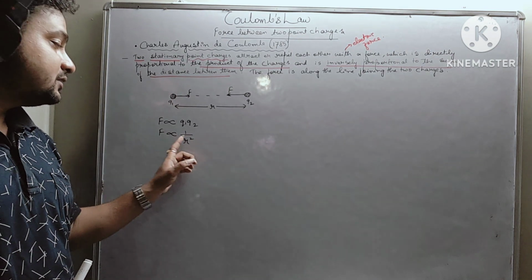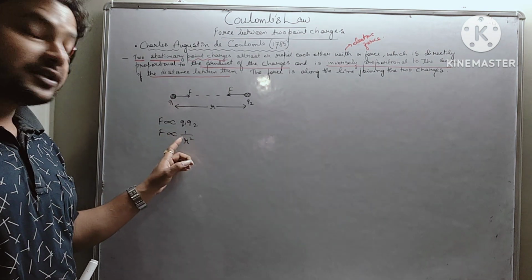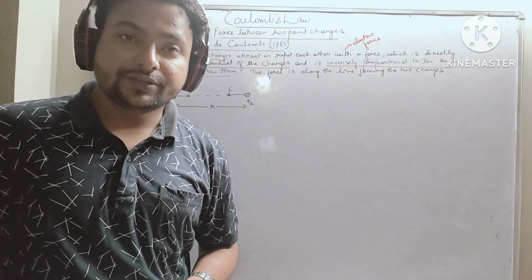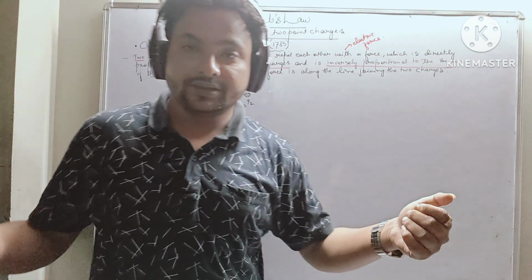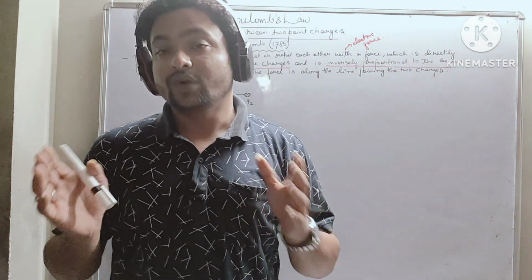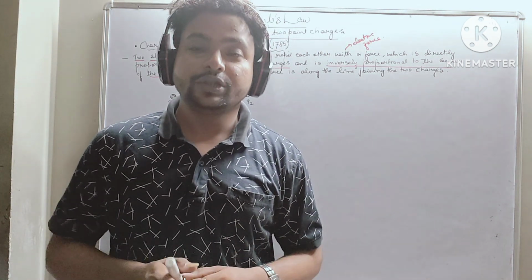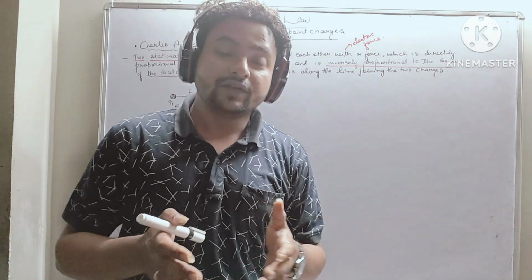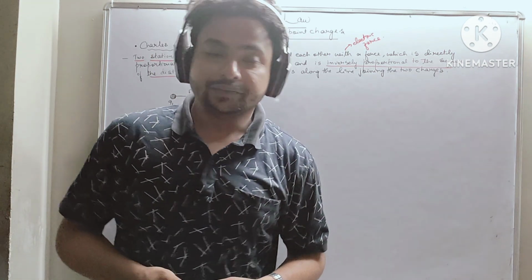But remember, it is not simply inversely proportional to distance, it is inversely proportional to the square of distance. That means if we double the distance, the force is going to reduce to 1/4. If we make the distance half, the force is going to get doubled.